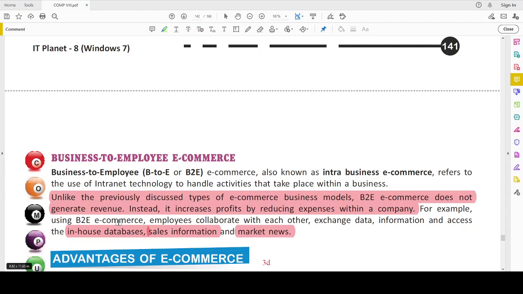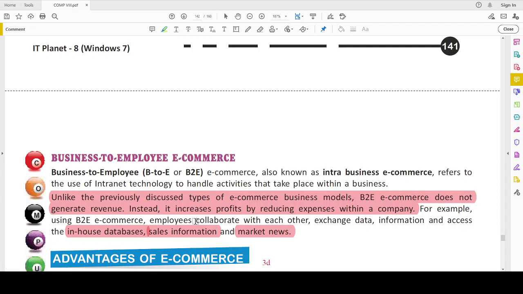So what will happen? They will be able to reduce the transportation cost of the raw materials, and that would reduce the manufacturing cost of the goods manufactured by the company, and hence it can increase the profit by reducing expenses.